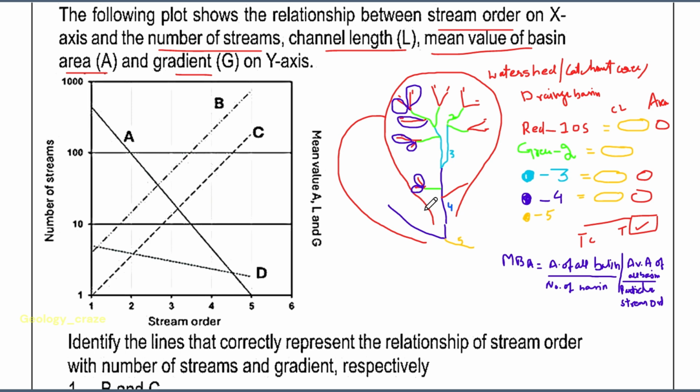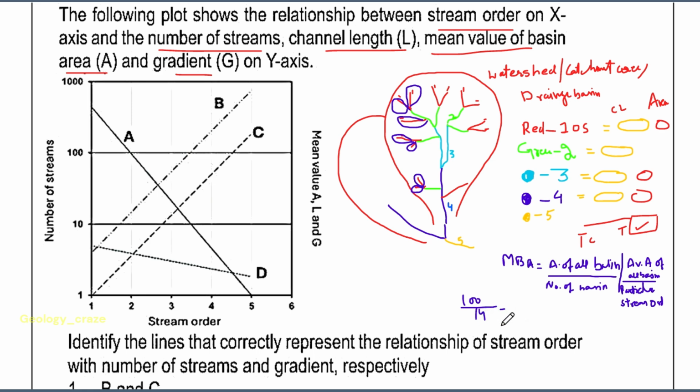Suppose this is the area of all the first order basins, divided by the number of basins, like 1, 2, 3, 4. Suppose I have 14 basins for first order, and the total area is, say, 100.